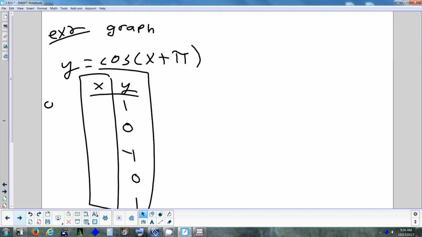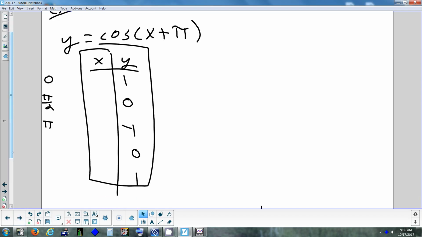I'm going to have 0, pi over 2, pi, 3 pi over 2, 2 pi. Can somebody tell me what am I going to do to all those x's? Right? Subtract pi. Perfect. Subtract pi. I don't know a way to help you remember to do the opposite, but you just got to remember, with a phase shift, you do the opposite.